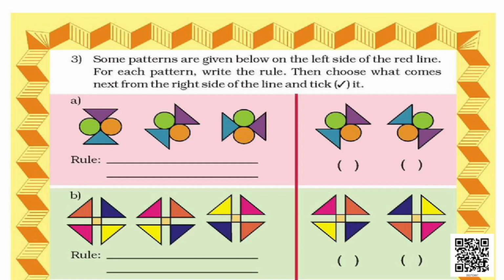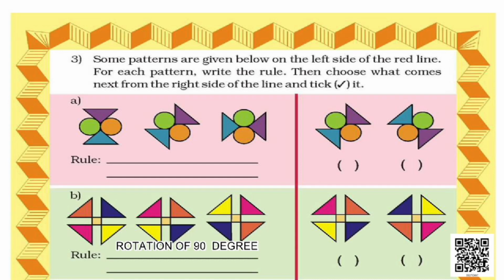In bit number B, can you find the rule? Just concentrate on the blue colored triangle. Can you find the difference between the first and second picture? Concentrate on the position of the blue colored triangle. You can see it's turning 90 degree. You can clearly see that when the second picture goes to the third picture, the blue colored triangle has a turn of 90 degree.